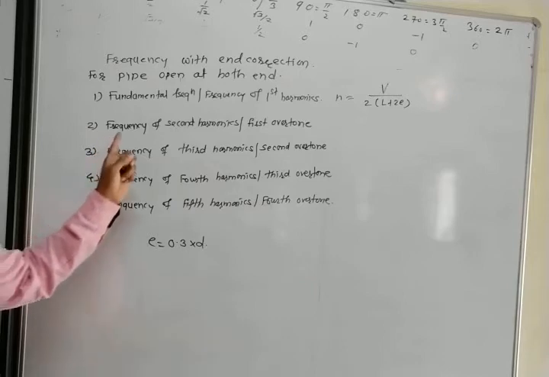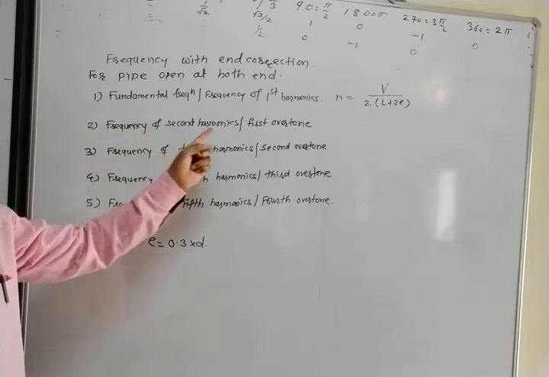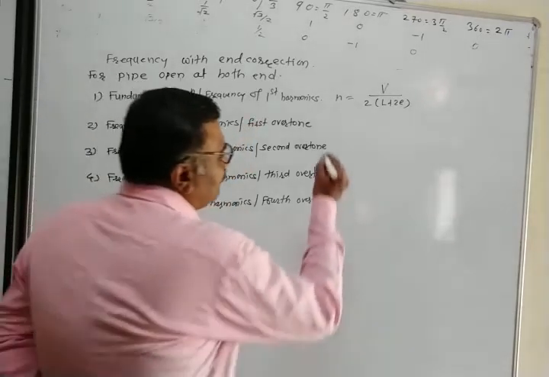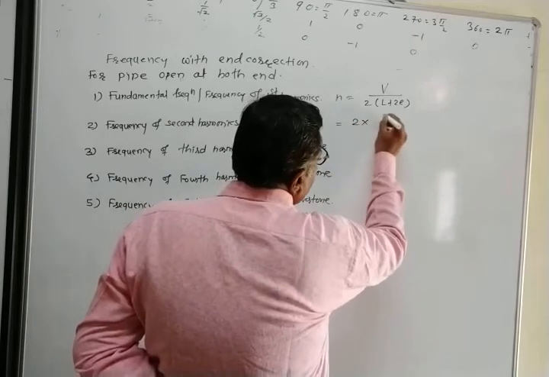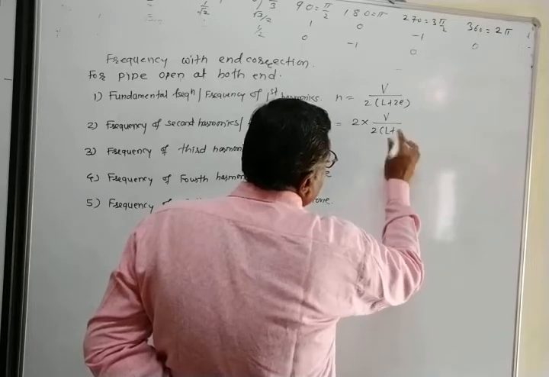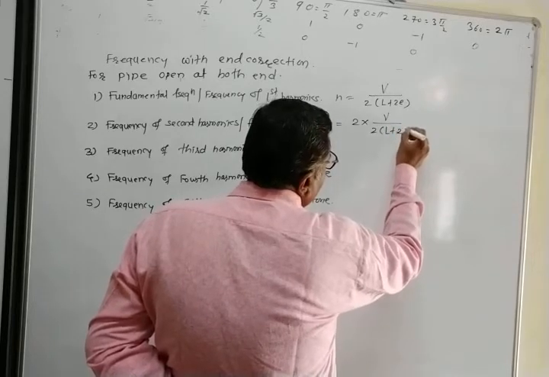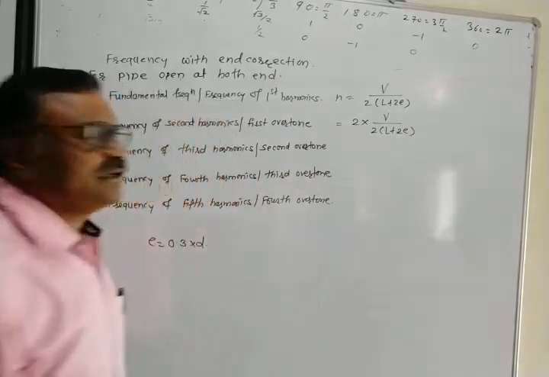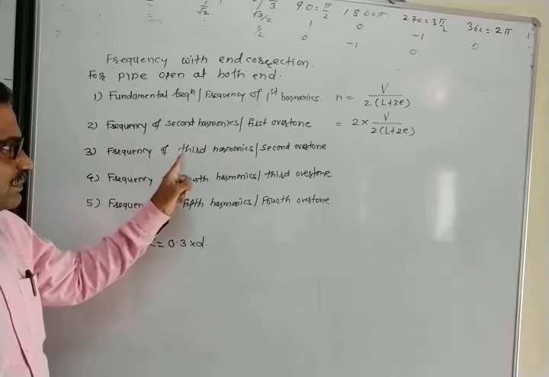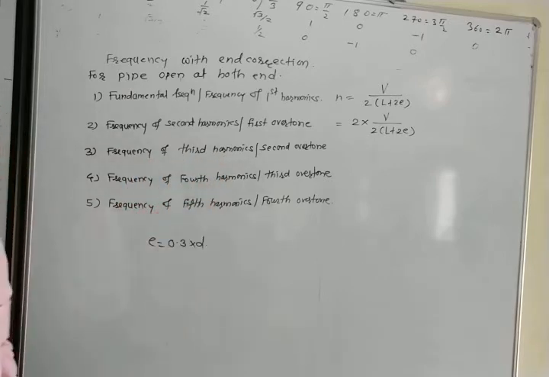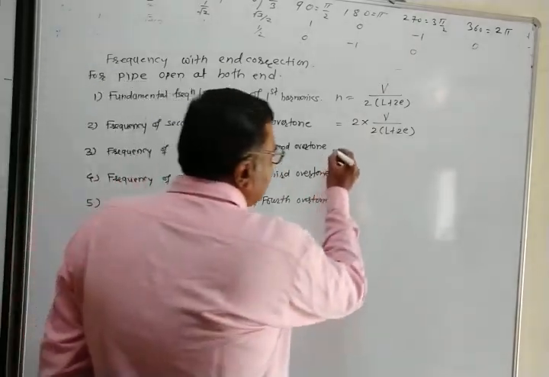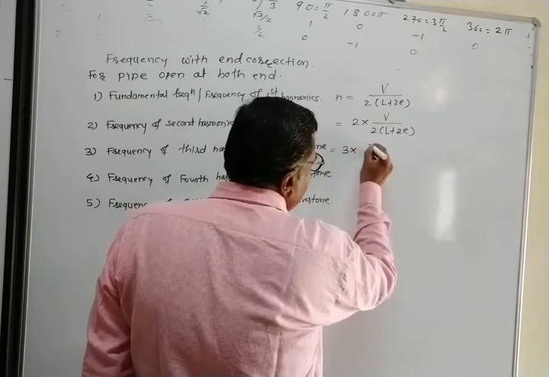Now we write frequency of second harmonic or frequency of first overtone. This frequency is 2 times fundamental frequency. Therefore, formula is 2 times V upon 2 times inside the bracket L plus twice E. Next higher frequency is known as frequency of third harmonic, or second overtone. This frequency is 3 times fundamental frequency.